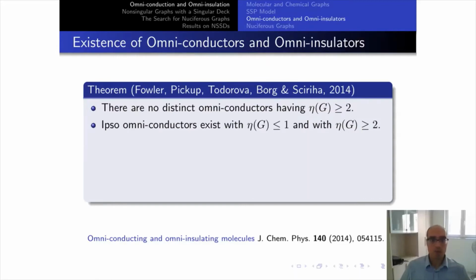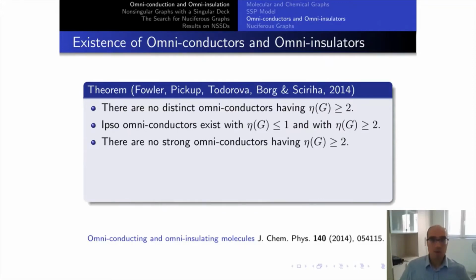Ipso omniconductors exist both when they have nullity at most 1, and there are also ipso omniconductors having nullity at least 2. Strong omniconductors then, by the previous two results, can have only nullity at least 2.